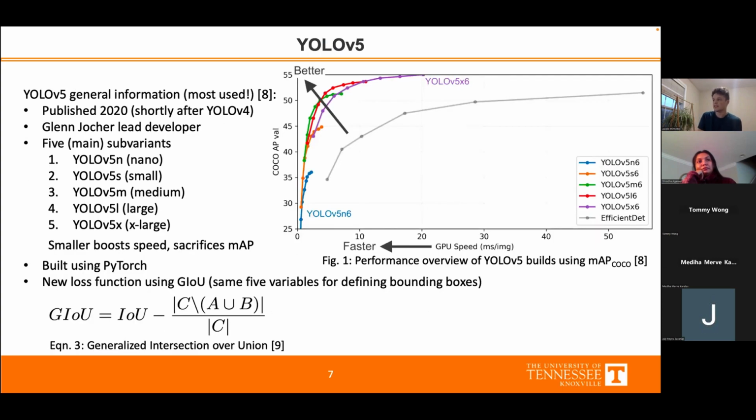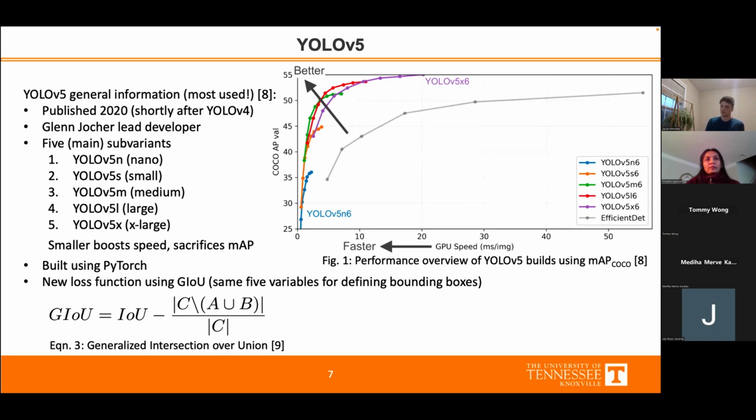So specifically getting into YOLO V5, just some very quick fire information. YOLO V5 is, from what I could find, one of the most widely used computer vision algorithms, and it is the most widely used YOLO variant, at least as of right now. That might be changing soon with YOLO V7.